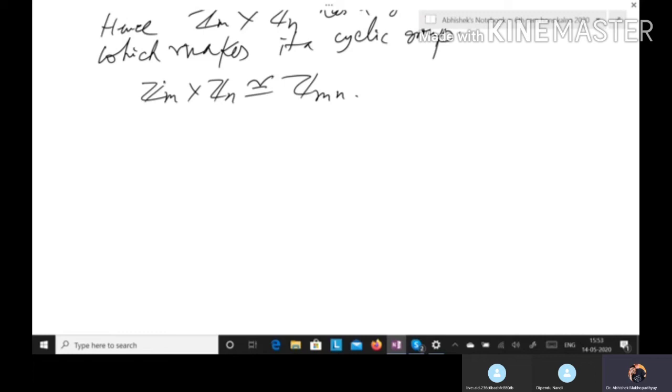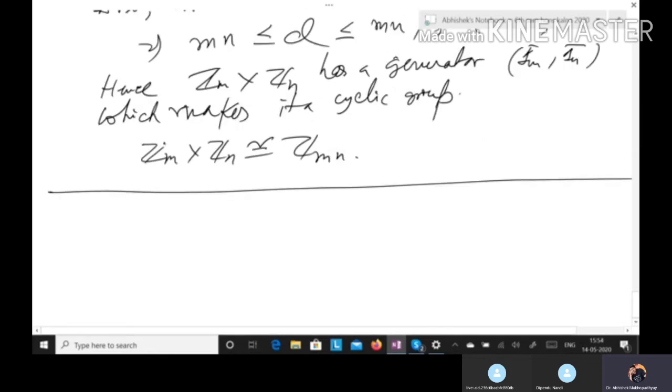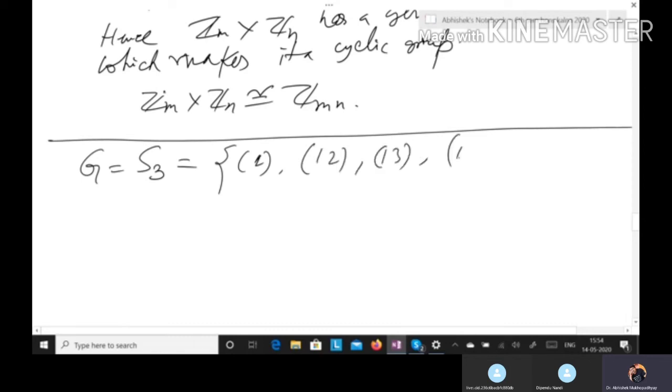Let us look at the example and we will find an interesting fact. Consider the group G, which is the symmetric group S3 of order 3. It contains the identity permutation, the 1-2 cycle, the 1-3 cycle, the 2-3 cycle, the 1-2-3 cycle, and the 1-3-2 cycle: 6 elements. And A3 is the alternating group.